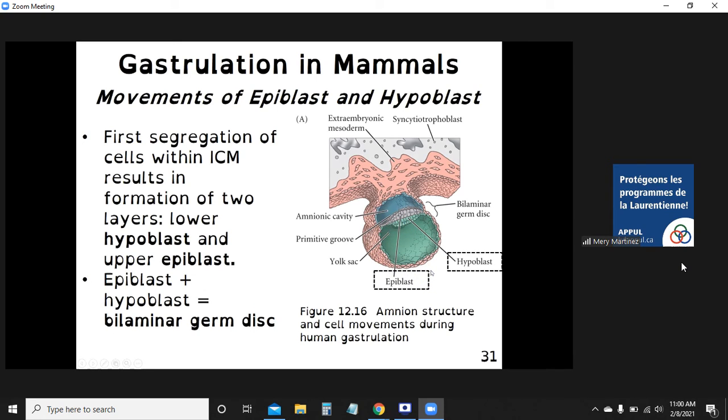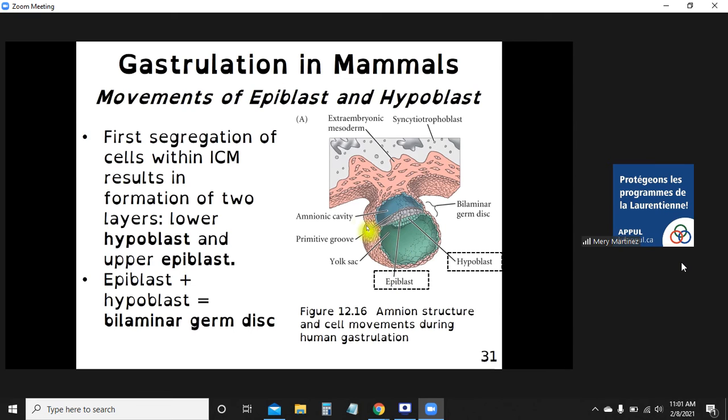So the first segregation of cells within the inner cell mass results in the formation of these 2 layers. So before we only have 1 layer, and then it divides, and we have these bilaminar layers: the hypoblast, which is the primitive endoderm, and the upper layer that is homologous to the hypoblast, which is the epiblast.